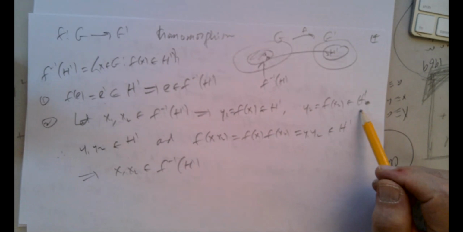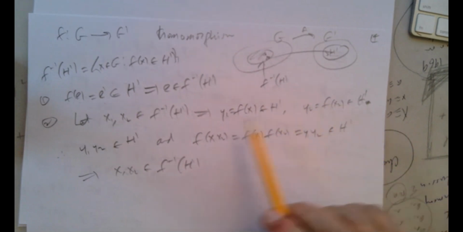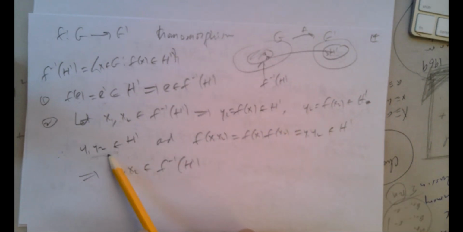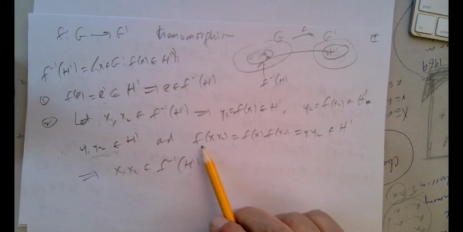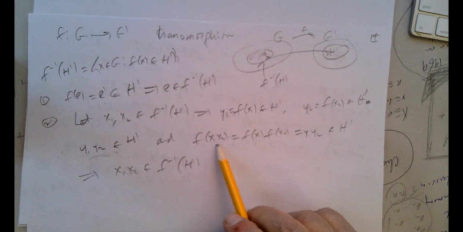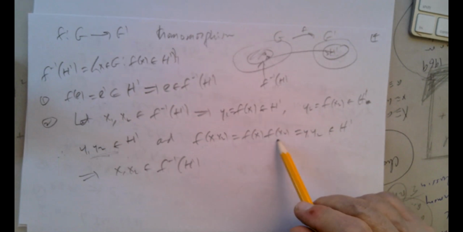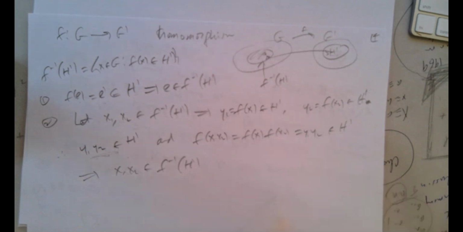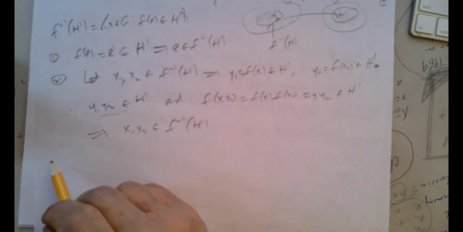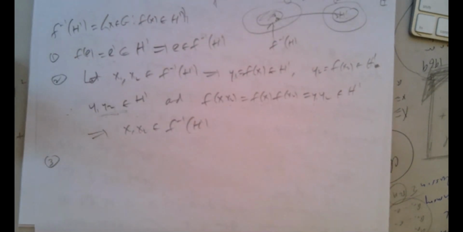But H prime is a subgroup. It's closed under multiplication. So if H prime contains both y1 and y2, it also contains the product. And if you look at f of x1 times x2, because f is a homomorphism, that's f of x1 times f of x2, that's y1 times y2, which is in H prime. So x1 x2 is in the inverse image. So that proves the inverse image is closed under multiplication.